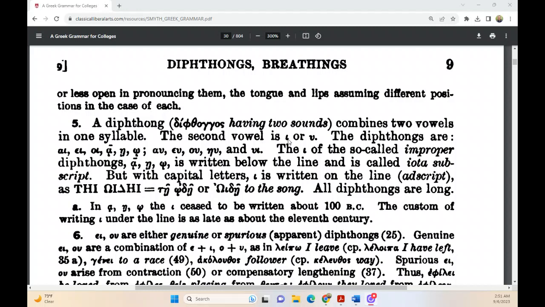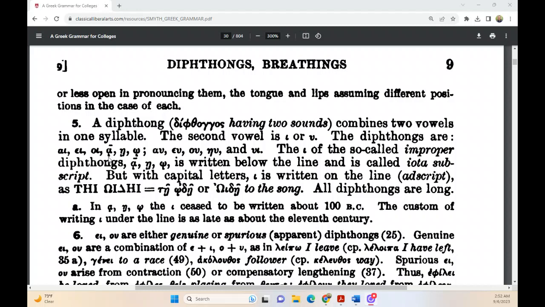So let's look at the actual diphthongs. You see here we read the diphthongs are, and then we've got this long list. And you'll see that each item on the list consists of two vowels. So we have alpha and iota, epsilon and iota, omicron and iota. Then we have alpha with an iota written under the vowel.